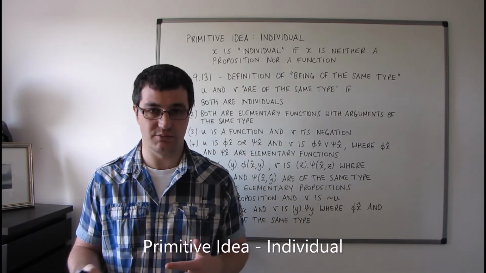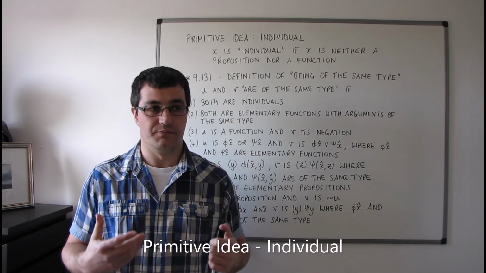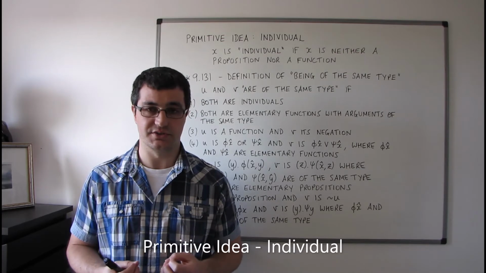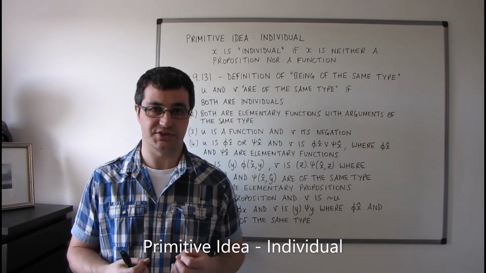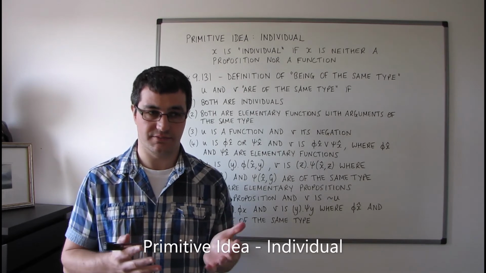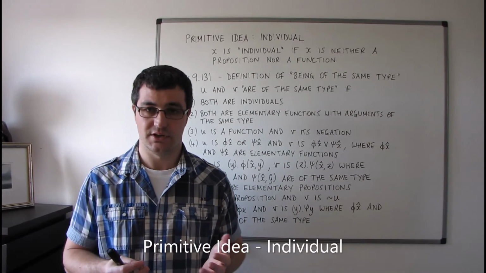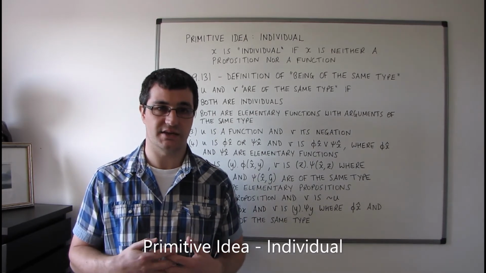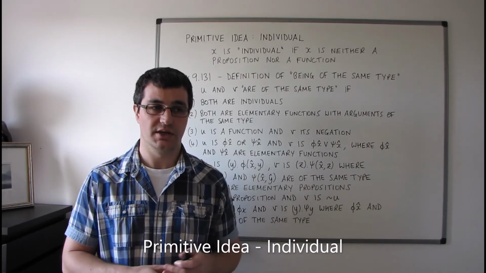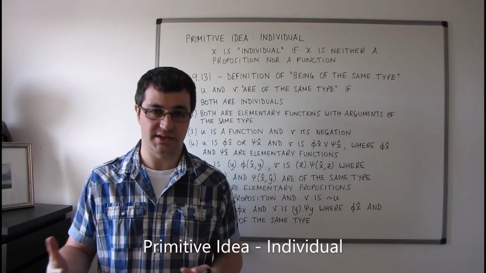In section 14, if we've just got individuals, then effectively we can only form propositions and make judgments about things that are immediately present to us. But that's kind of restrictive. Very often we want to form propositions and make judgments about things that are not immediately present to us.